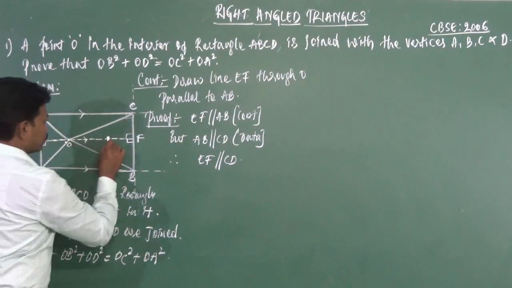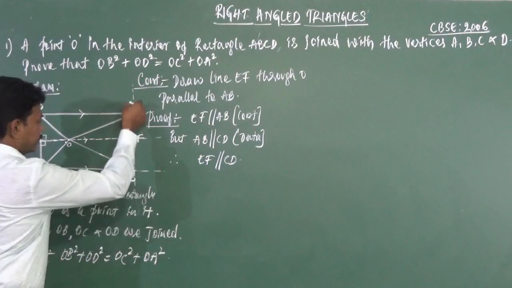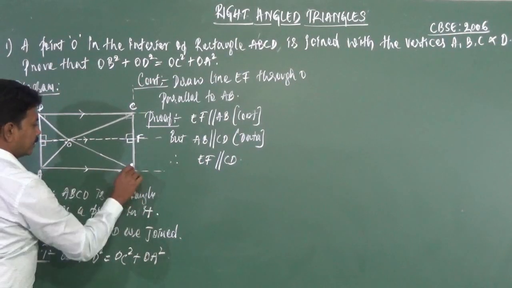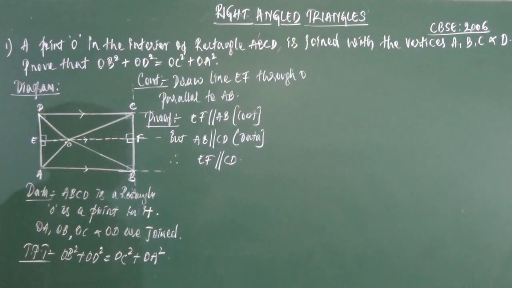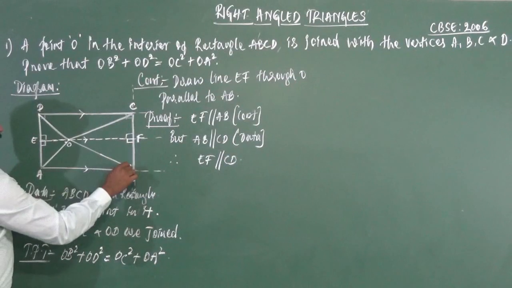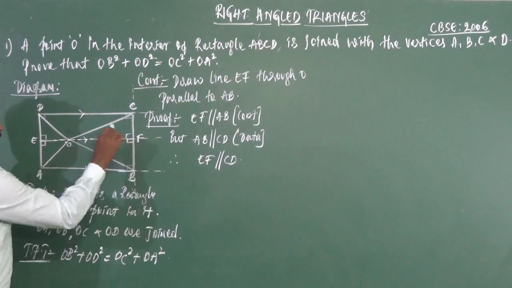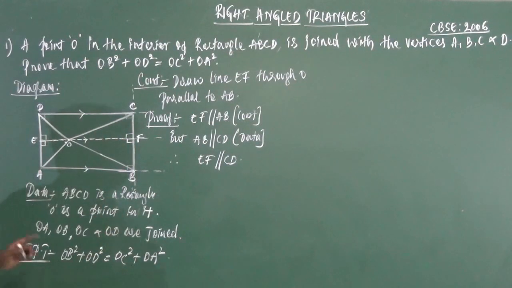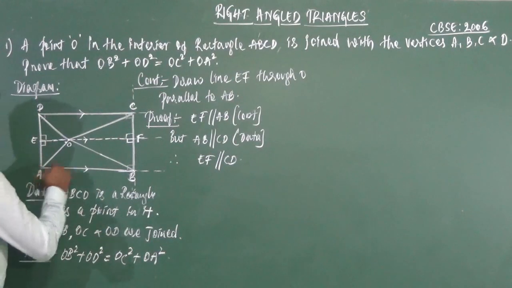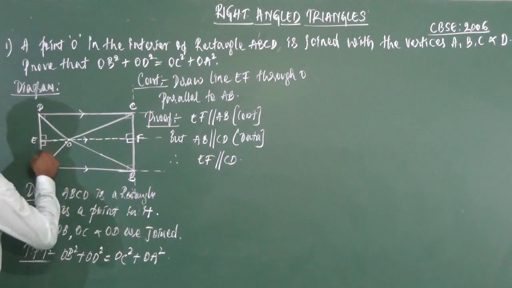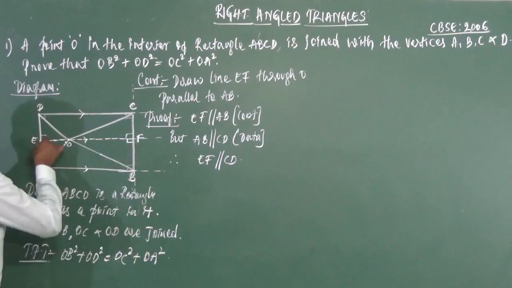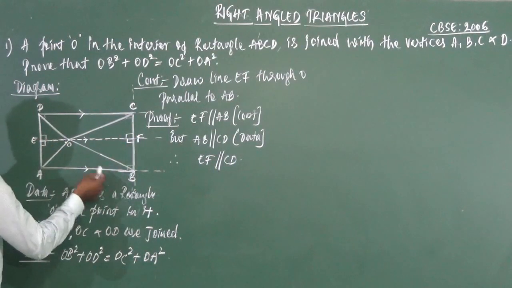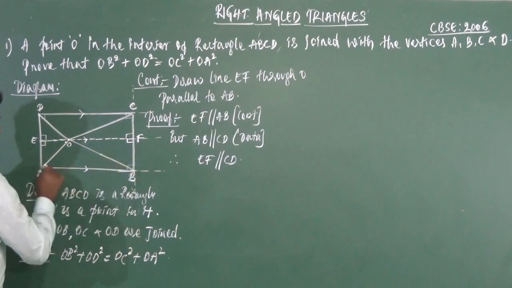So EF is drawn parallel to AB. If you consider CB as the transversal here, this angle is already 90. Therefore the sum of the interior angles on the same side of the transversal is supplementary, so this angle will necessarily be 90 degrees. So in quadrilateral ABEF, this line is parallel to this according to the data, and all four angles are equal to 90 degrees.